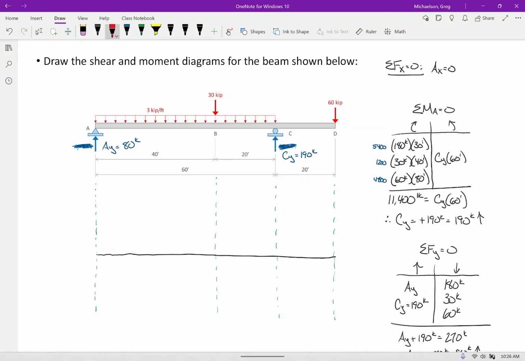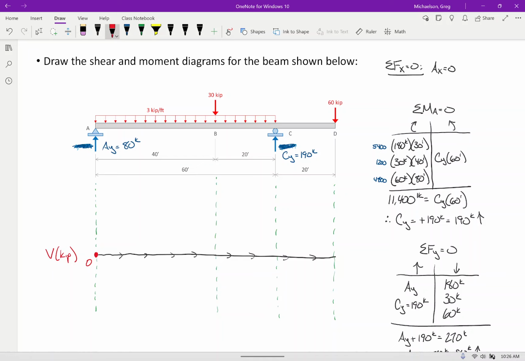Put my label over here on the left. Doesn't really matter if it's on the left or on the right. So we'll start at 0, and then hopefully we'll end at 0.